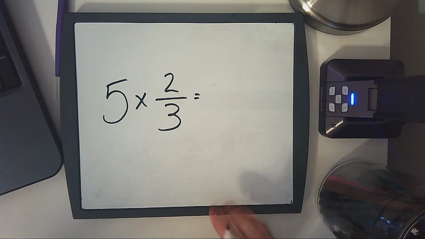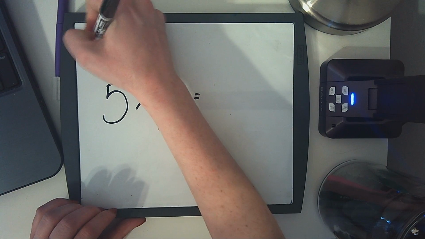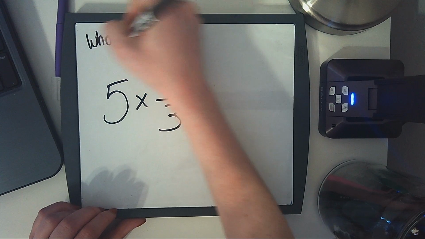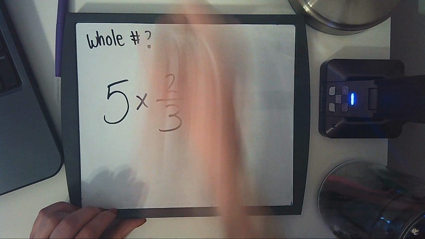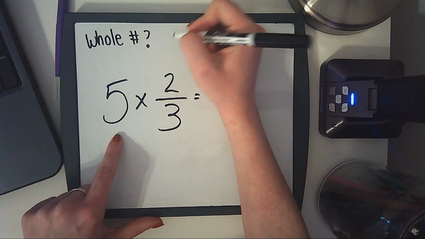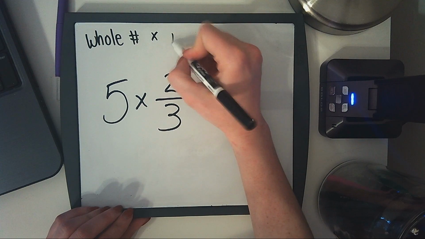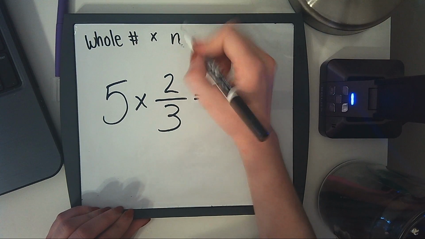Remember that first you have to look at the whole number. So what is the whole number? The whole number is 5. Then we multiply that whole number times the numerator of the fraction.